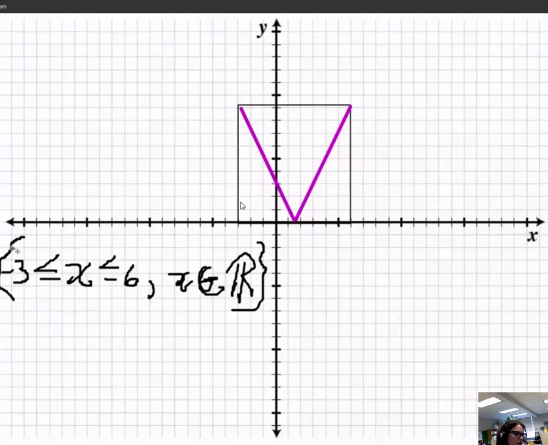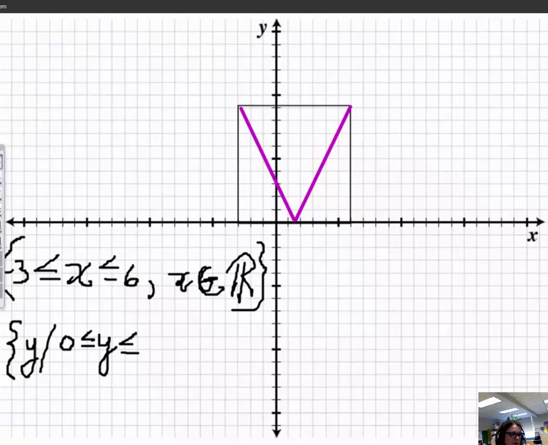We can move all the way to -3 in the horizontal direction, all the way to +6. Then we have to notice what's going on in this problem for the y direction. And not only do we have a minimum of 0, but we have a maximum of 9. So we have a more constrained, a more restricted domain and range in a contextual problem.